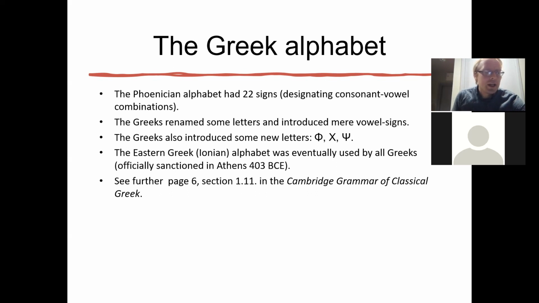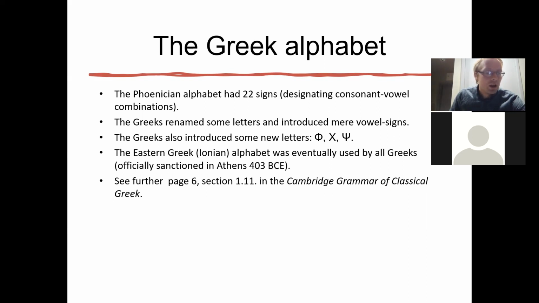Originally, the Greek alphabet looked very different in varying parts of the Greek-speaking world. But with time, the Ionian, that is the Eastern Greek variant, came to be used by all Greeks. And in Athens, the Ionian alphabet was officially sanctioned in 403 BC.